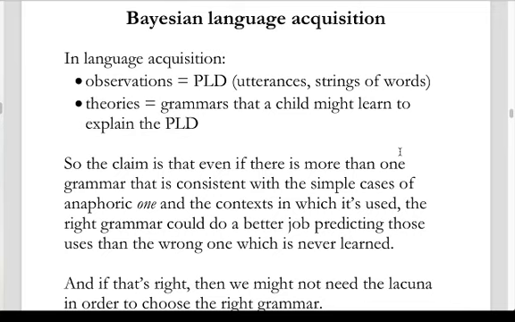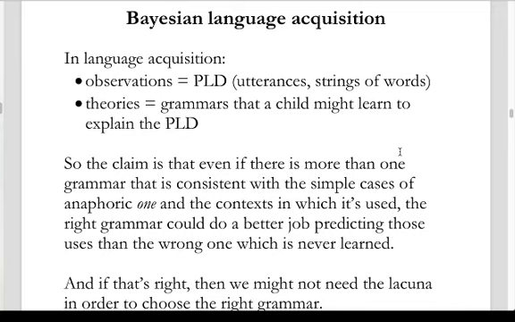Right? So if there's more than one grammar that's consistent with the simple cases of anaphoric one and the context in which it's used, even if we can't absolutely decide between those because they're all roughly consistent with that data, it's possible that the more complex grammar or the right grammar could do a better job predicting those uses than the wrong one, which isn't learned.